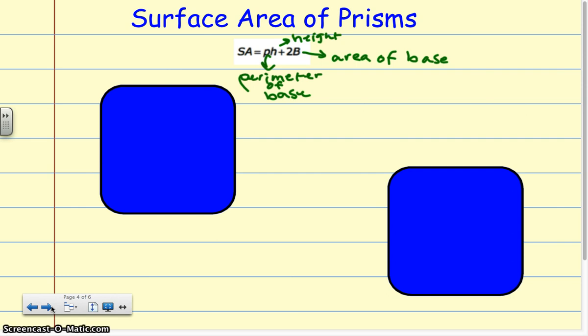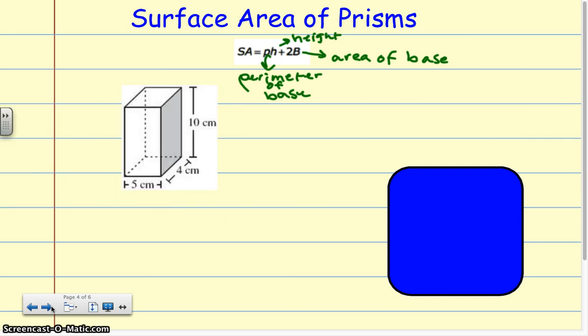I do want to let you know that the height of your prism will always be connecting your 2 bases. So if I'm looking at this, my bases would be the bottom and the top. My height is what connects them, so my height would be 10.